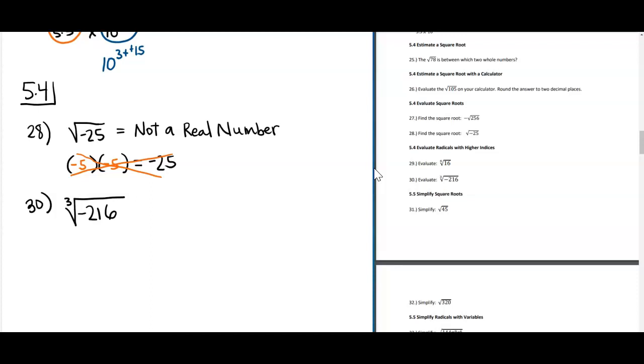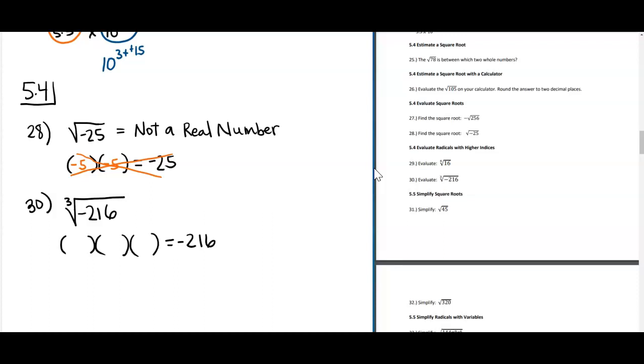Because think about when you have a negative times a negative times a negative. So again, we're thinking of what times what times what is going to equal negative 216. And these numbers inside here have to be the same number, right?